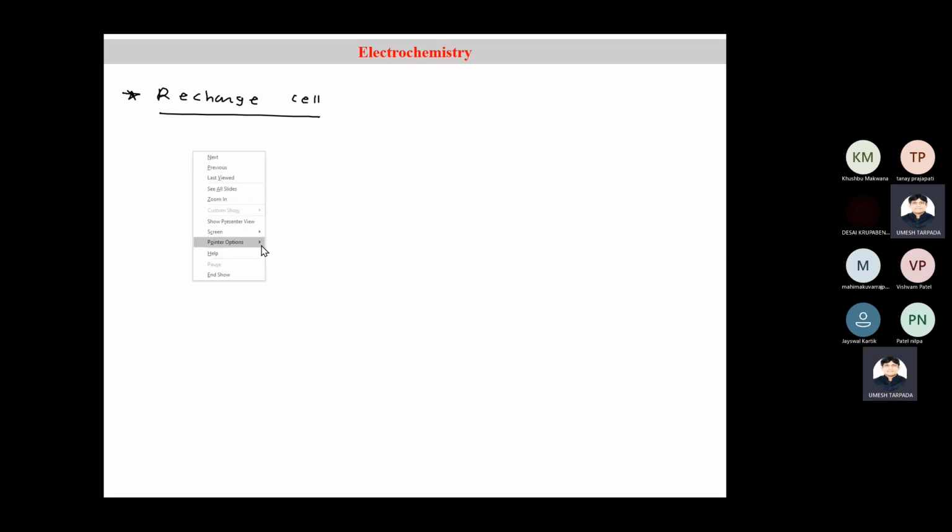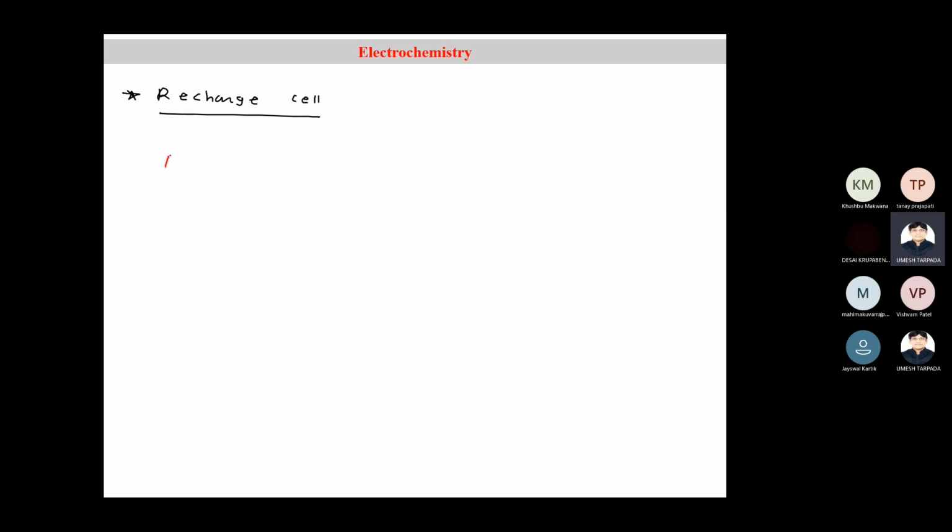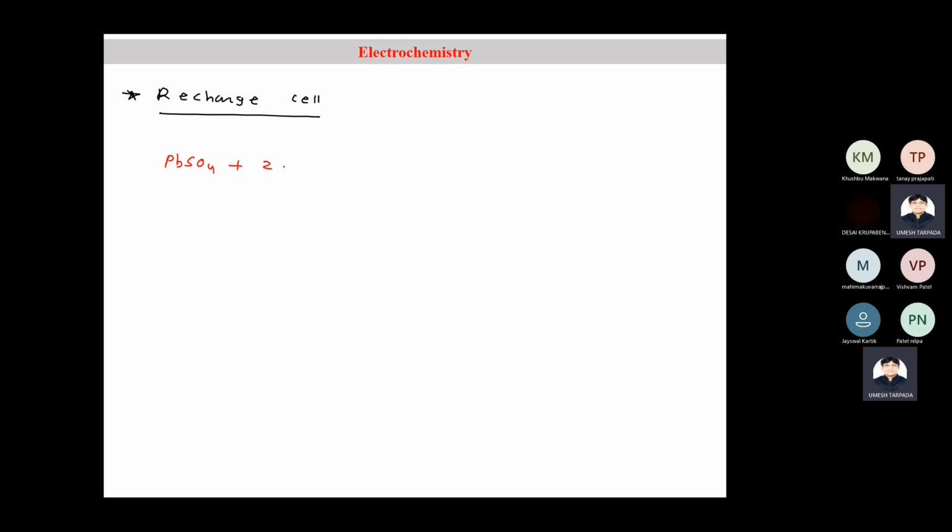So PbSO4 plus 2 electrons gives Pb plus SO4 minus 2. This takes place at the cathode.